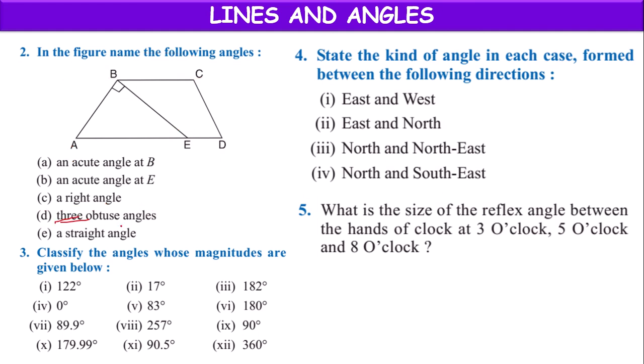Next, three obtuse angles. We have to mention three obtuse angles. So this is one obtuse angle. If you take this BCD, then the angle formed at C is also an obtuse angle.